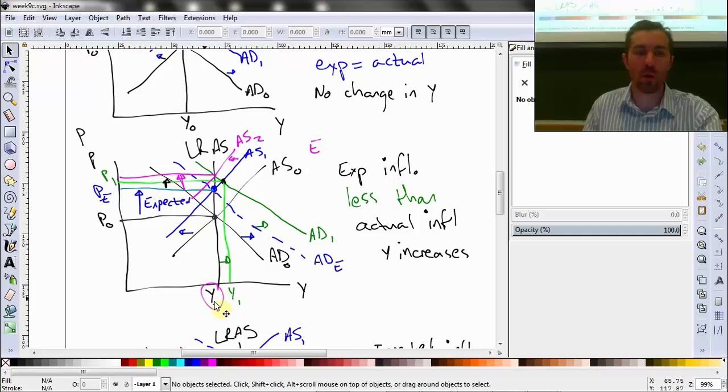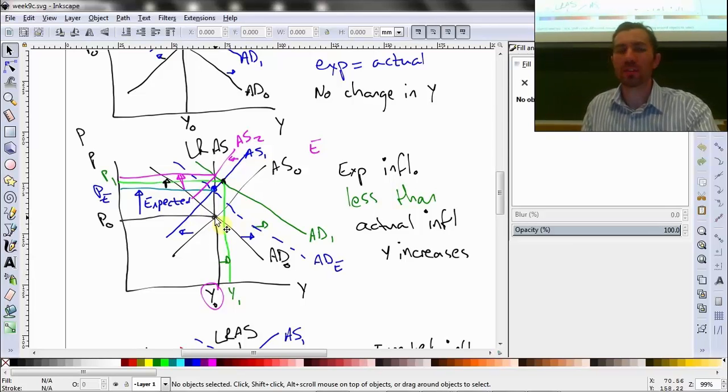In other words, if Y0 is our full employment level of output, so that's the long run aggregate supply curve, okay? And we're initially at a point of equilibrium where our short run aggregate supply curve, our long run aggregate supply curve, and our aggregate demand curve all intersect.